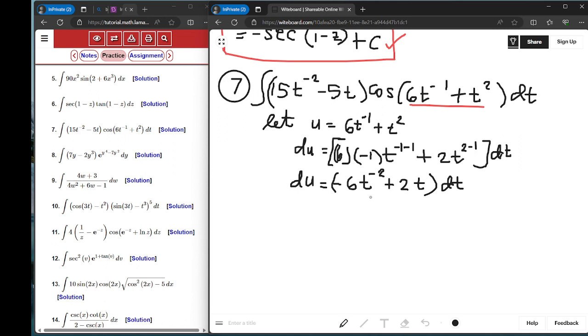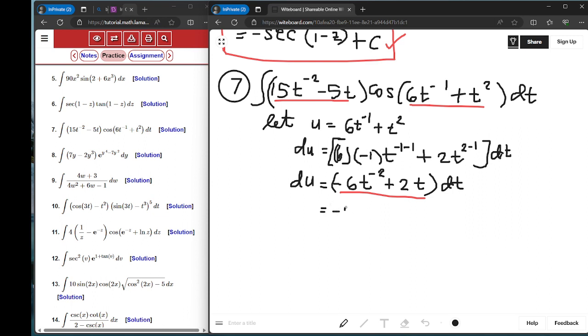Oh, what shall we do with this? If we check, this one is 15t to the negative 2 minus 5t. This is negative 6t to the negative 2 plus 2t. I think we can factor out 2. Since the first term is negative, we need to factor out the negative sign also.